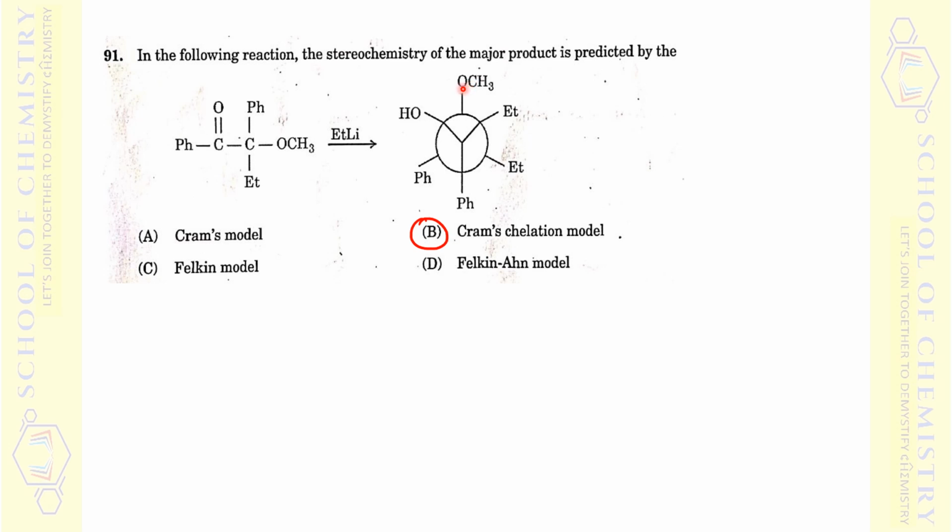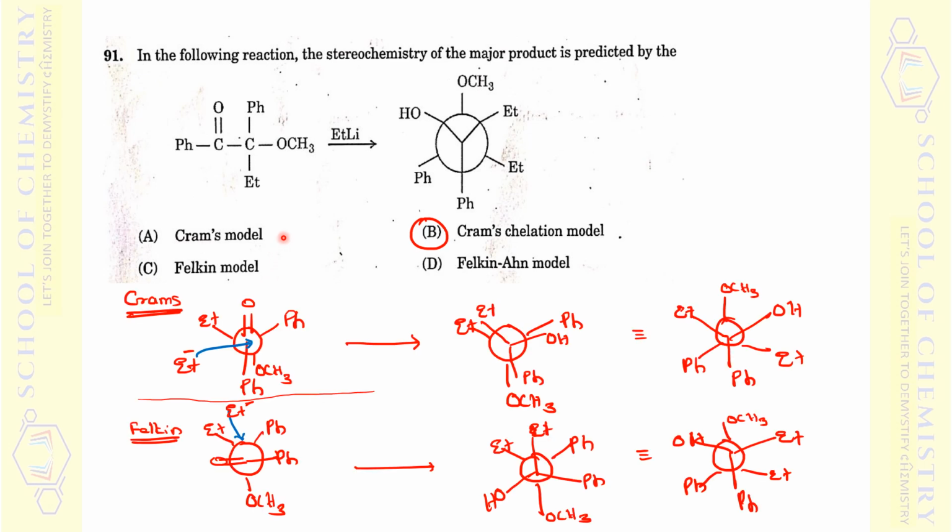That's how this cannot be Cram's chelation model, because we do not have a suitable metal here. Now among the other three, to decide the correct answer we may have to work it out. I'll show how we can work out with Cram's model and Felkin model, and based on that how we can decide the answer.